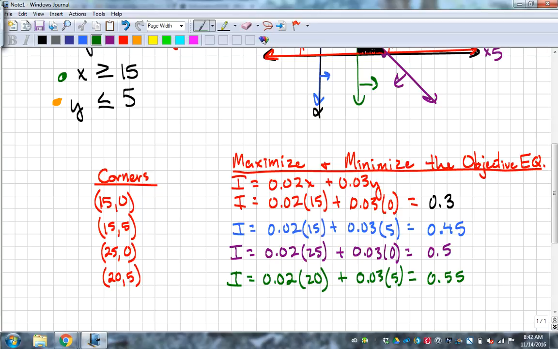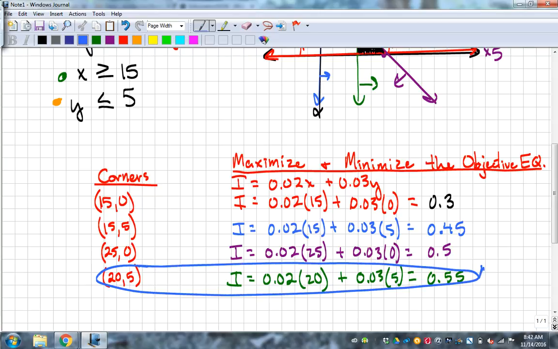Now, if you're going to maximize that, what are you looking for? The most. Which one would be the maximum? Yeah. So this whole piece here is our maximum. Where would our minimum be? Yeah, at 0.3.